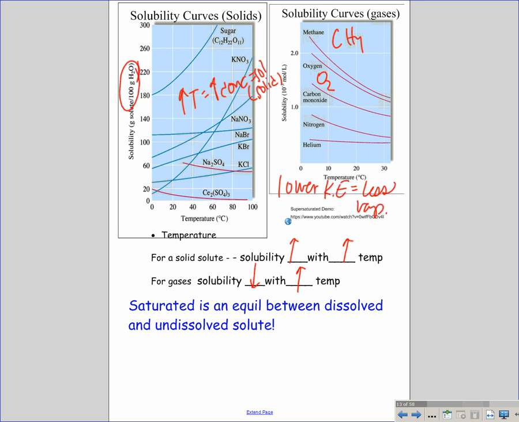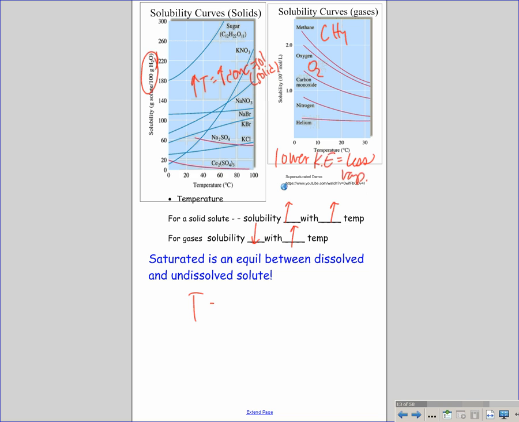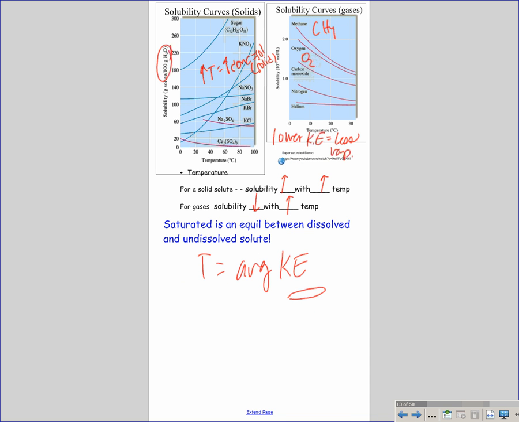So if temperature, this is for the benefit of my viewers at home, is the average kinetic energy, how does blowing on a soup spoon decrease the temperature? Go for it, guys. Come on. There's my soup spoon. So there are particles coming off the top. Those particles have what?